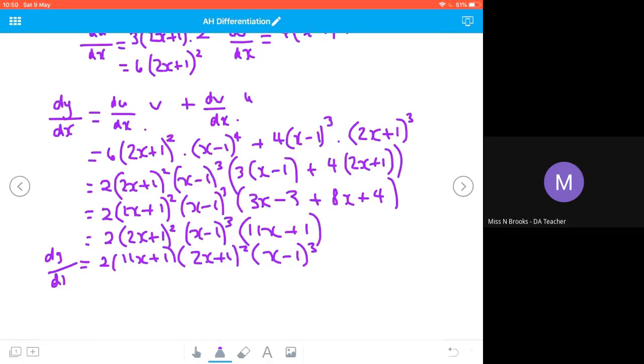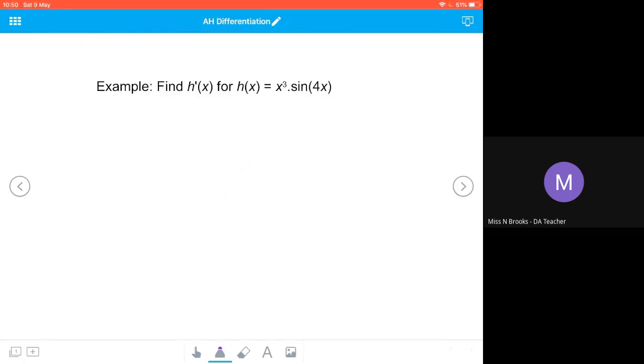by dx. So in the final example, I'm going to use Lagrange notation. So I want to say that my function f is x cubed and g is sine of 4x.